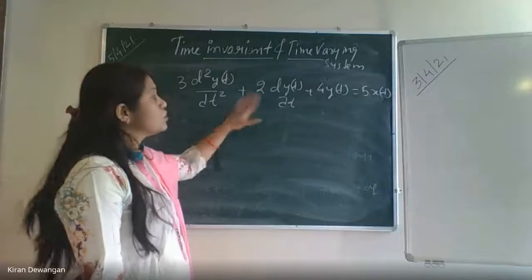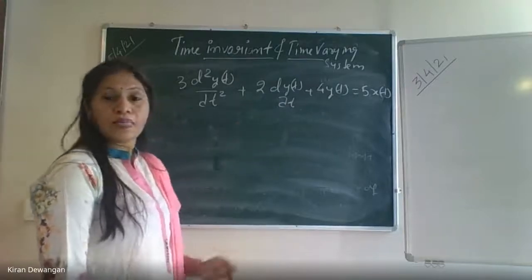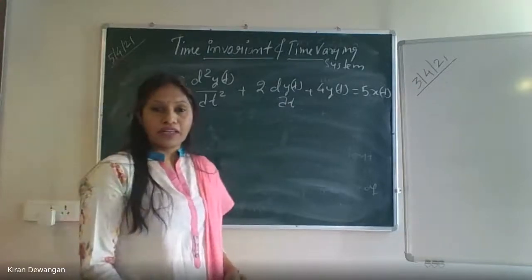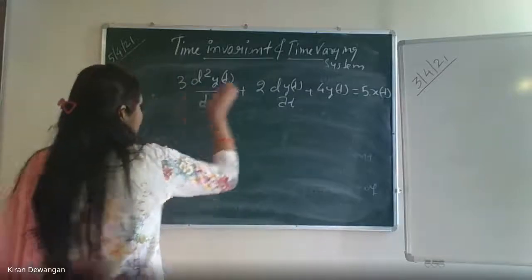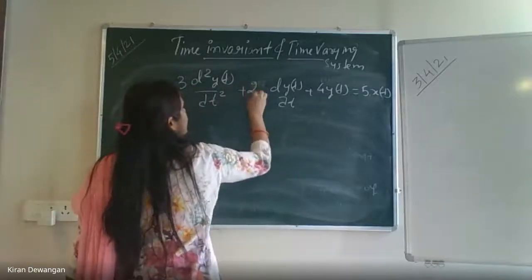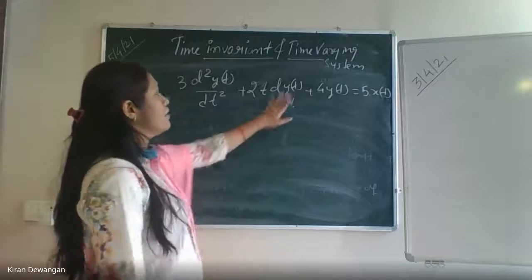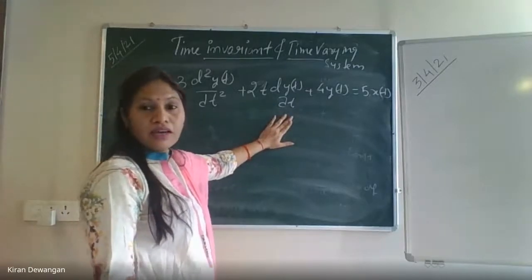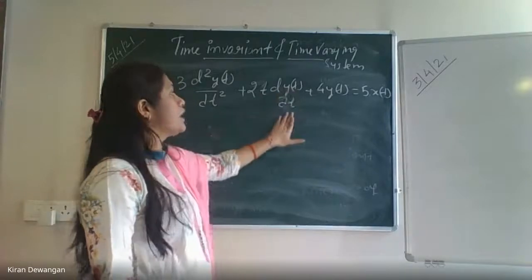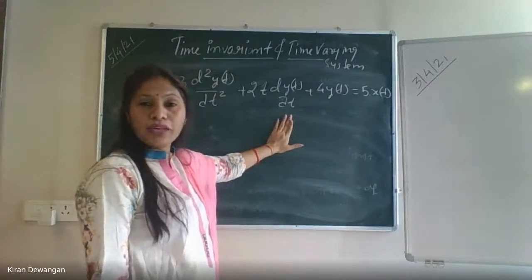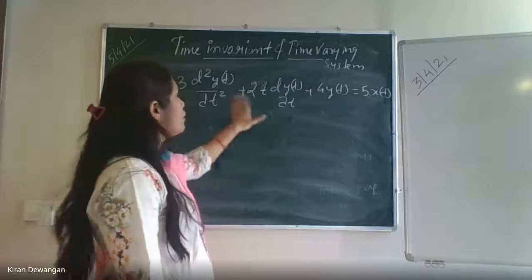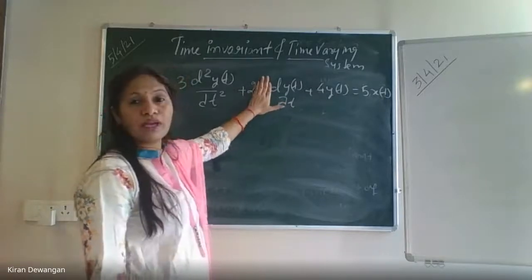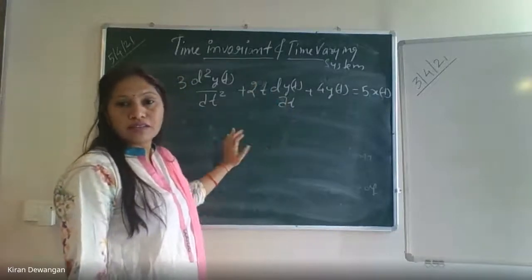Clear? There is no coefficient which is a function of t. Suppose I just add 2t dy(t) by dt. Now it is becoming time variant. ठीक है? If I just add 2t dy(t) by dt, it is becoming time variant. Now if I remove this t, this will be a completely invariant system. Clear now?